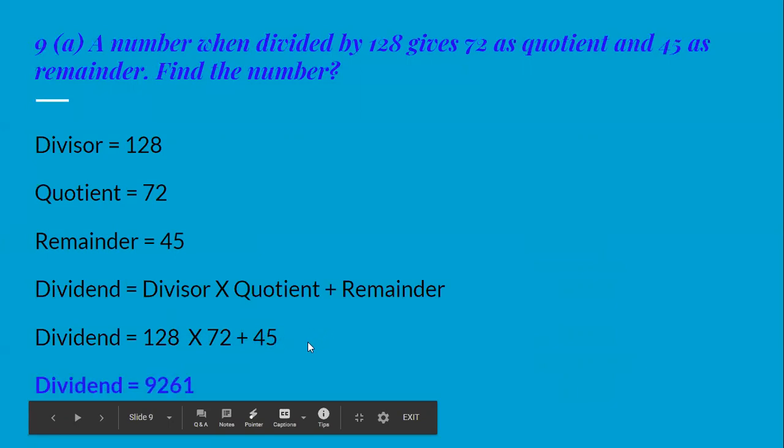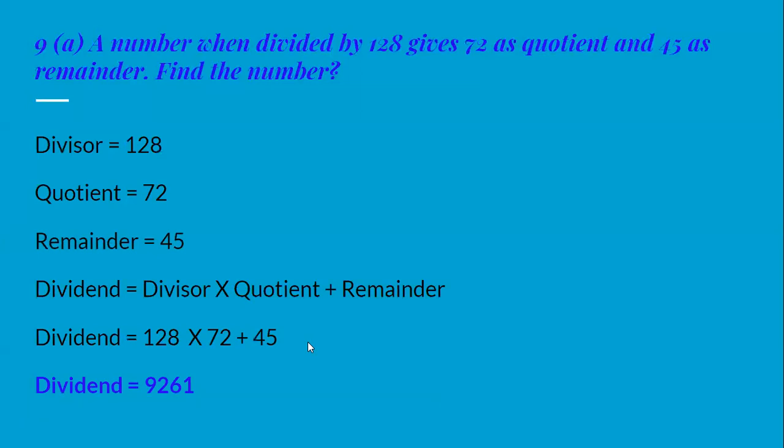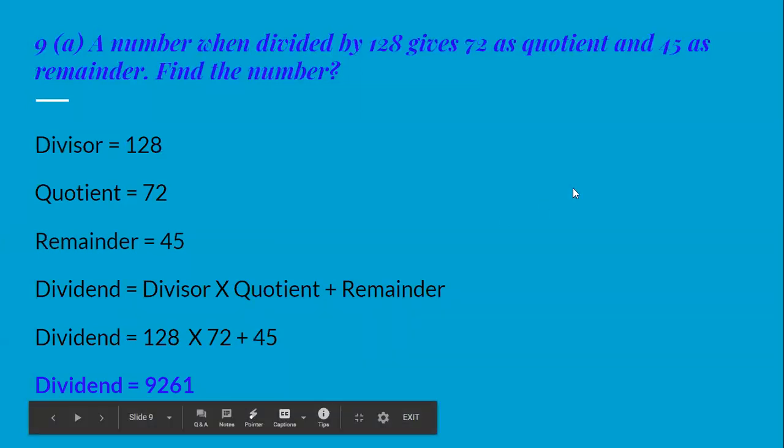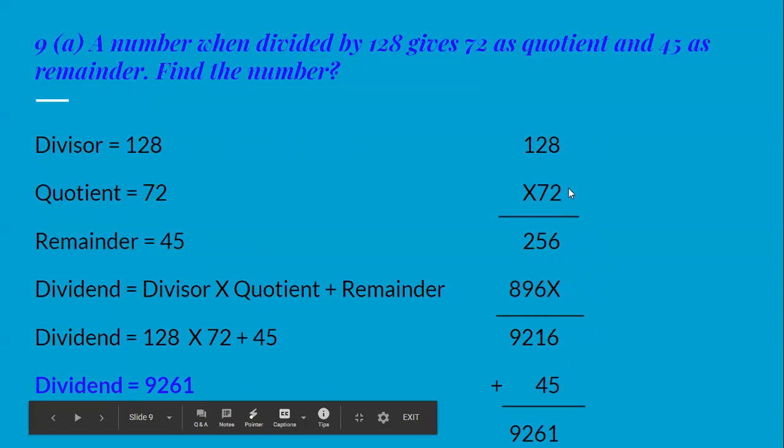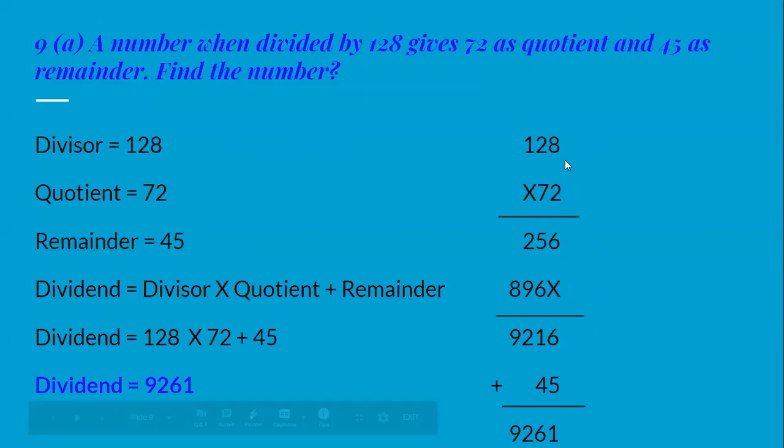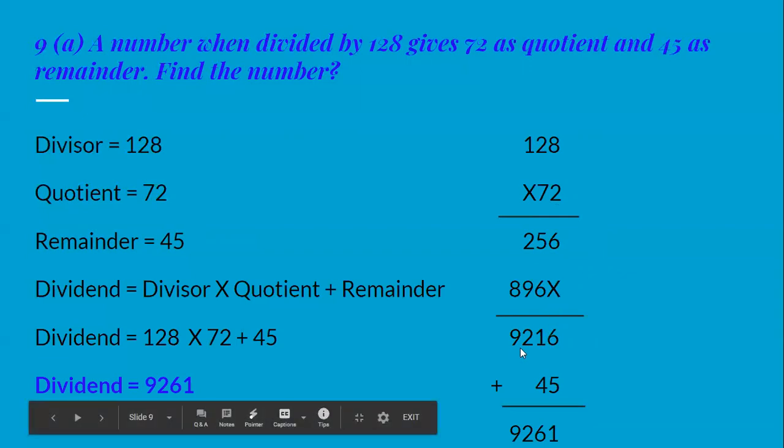And the dividend is 9,261. I'll show you the multiplication separately in the rough work. Look here, 128 multiplied by 72 and we get 9,216. Then we add 45. 45 is the remainder. This is divisor, this is quotient and this is remainder. And now after this calculation, what will we get?